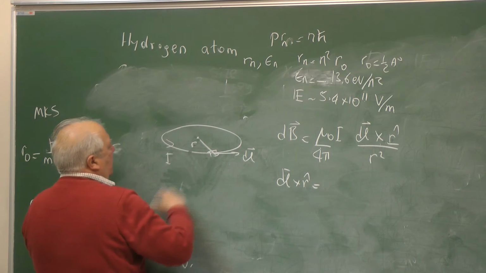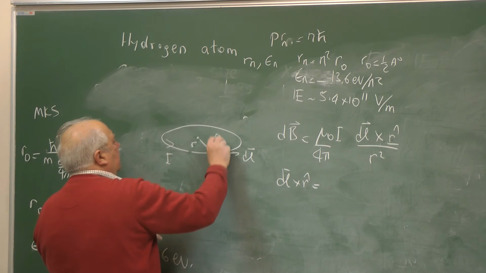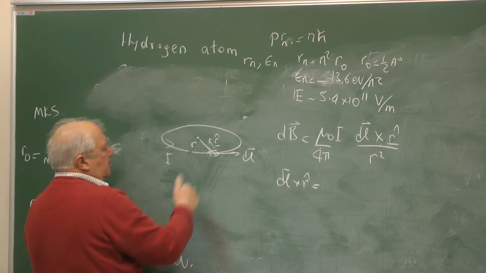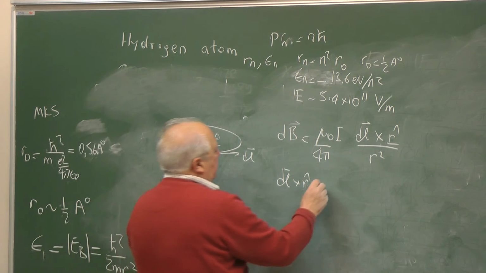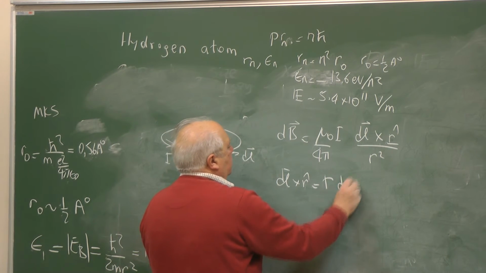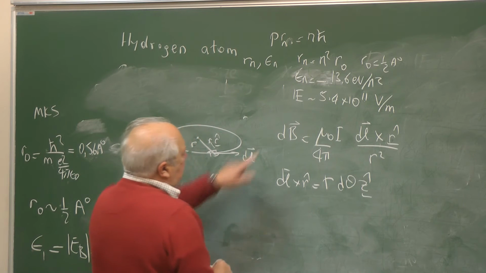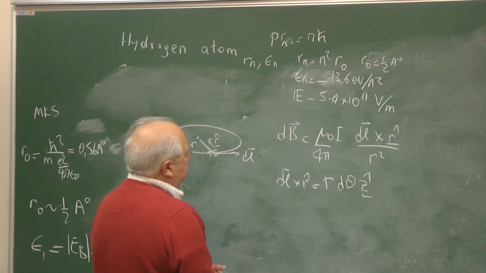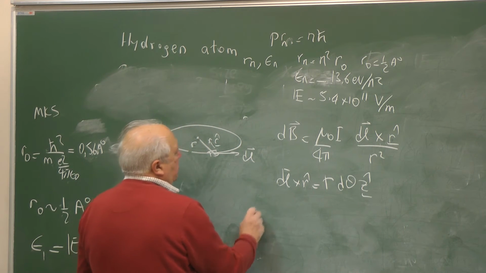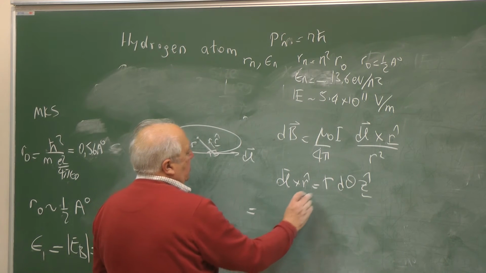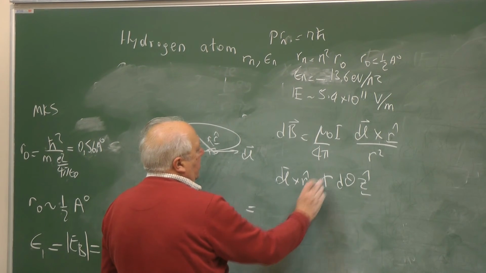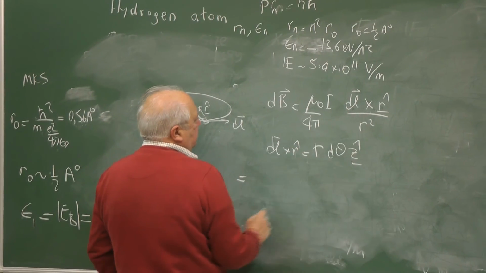dl is this way, R is looking into the page, dl cross R is along the z direction. So it is simply R d theta z. So dB is along the z direction. This R comes from dl.